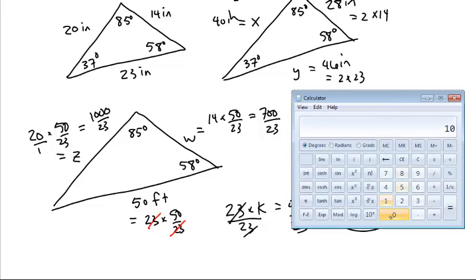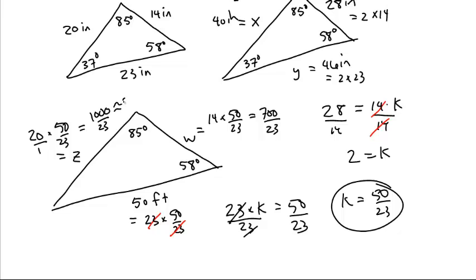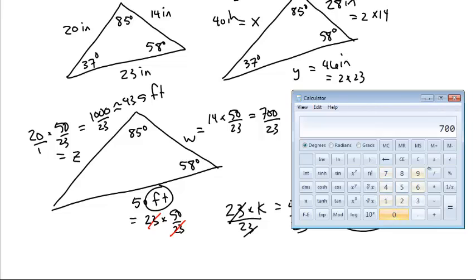But 1,000 divided by 23 is 43.5. The units are all going to be the same because these were all inches, inches, inches. So it's 43.5 feet. And 700 divided by 23 is 30.4 feet.